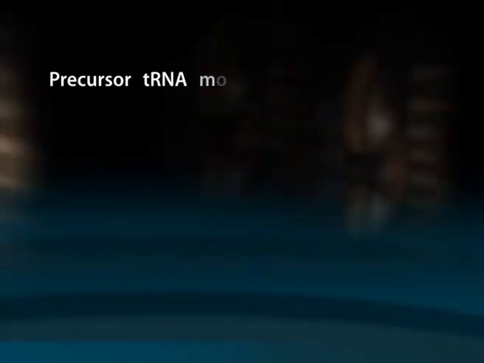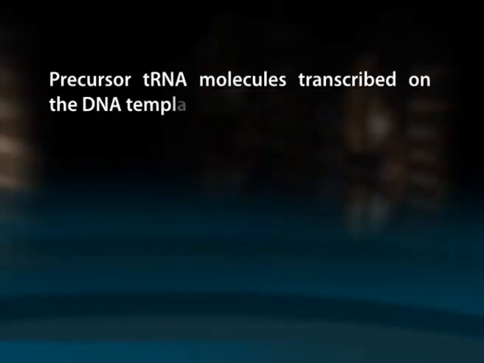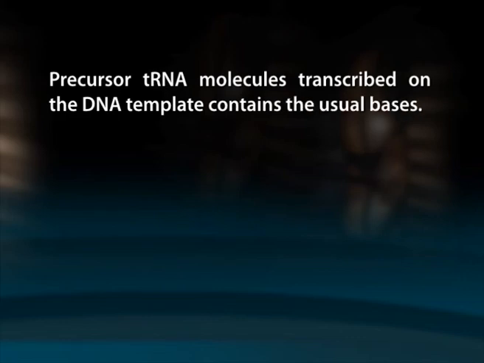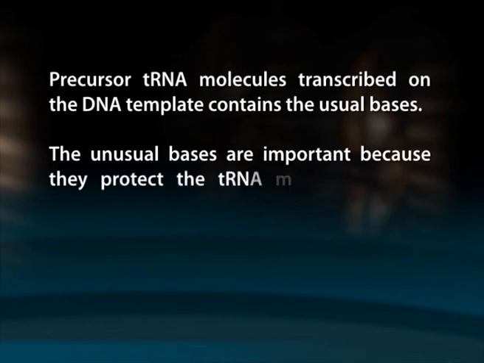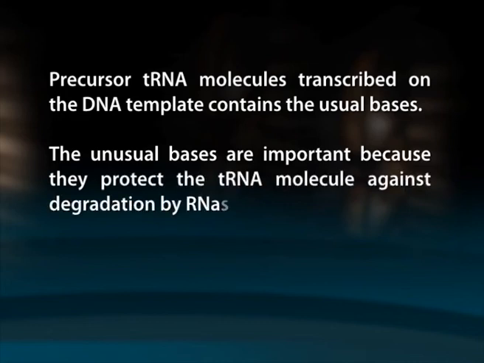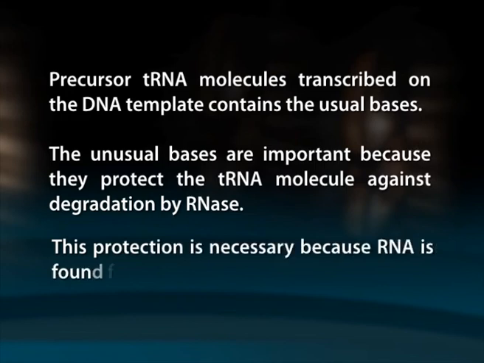For example, cytosine and guanine on methylation yield methylcytosine and methylguanine respectively. Precursor tRNA molecules transcribed on the DNA template contain the usual bases. The unusual bases are important because they protect the tRNA molecule against degradation by RNases. This protection is necessary because RNase is found floating freely in the cell.